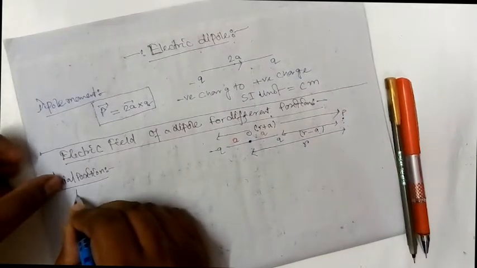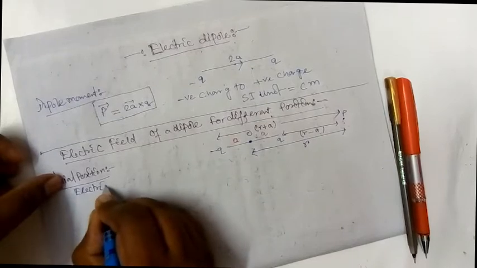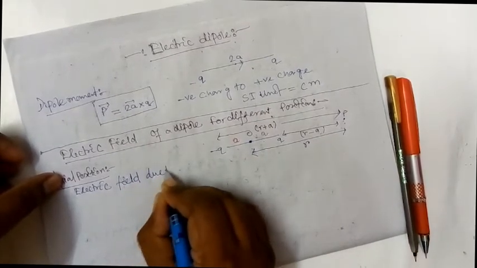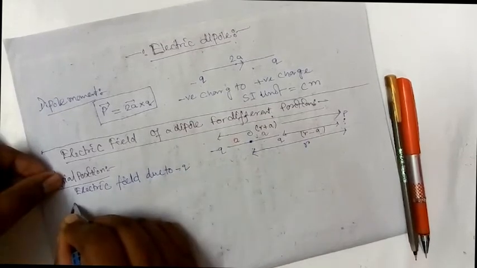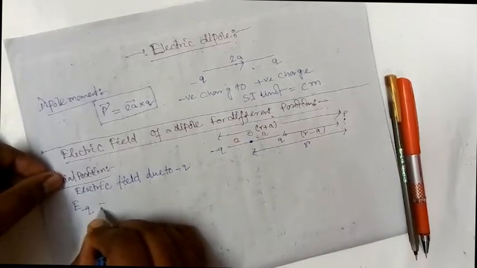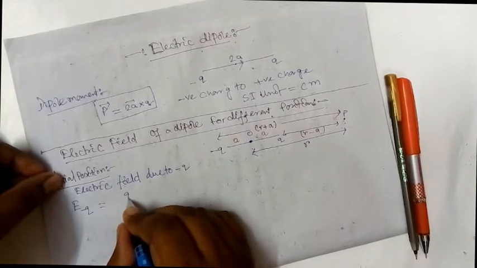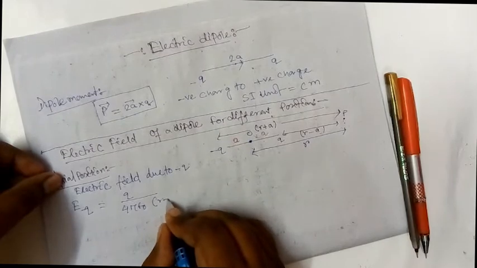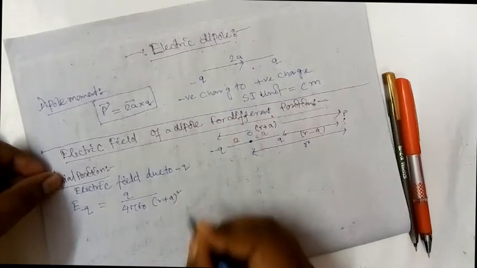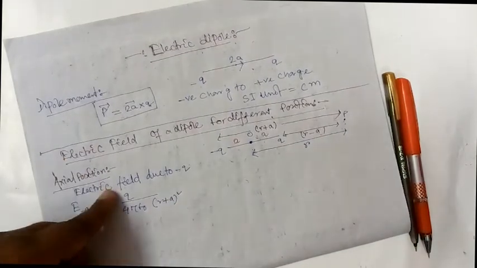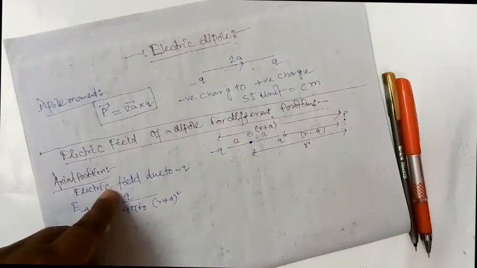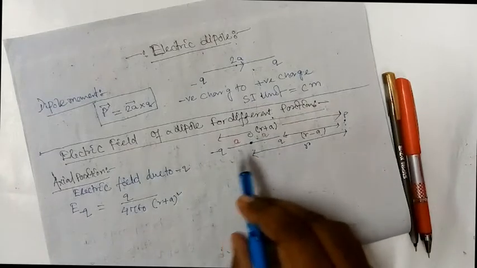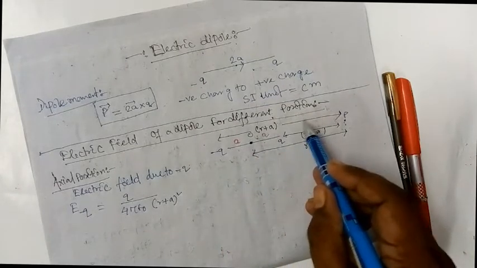So first we have to find the electric field due to minus Q, that is E of minus Q. It will be Q by 4 pi epsilon naught into R plus A whole square. Here I have not given any sign because it is not needed; I have to mention direction this way, as it is acting in this direction.